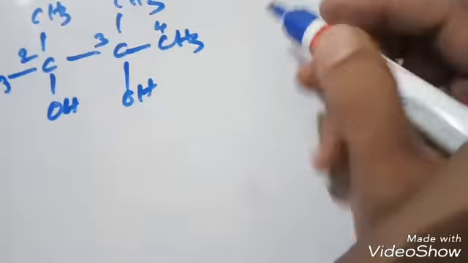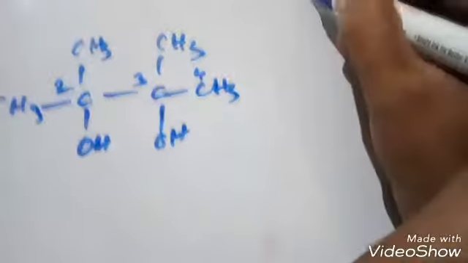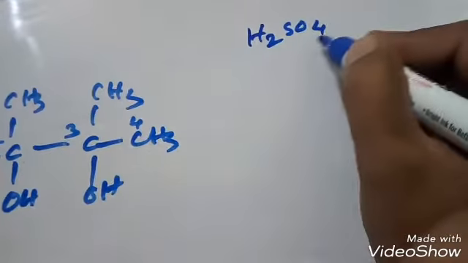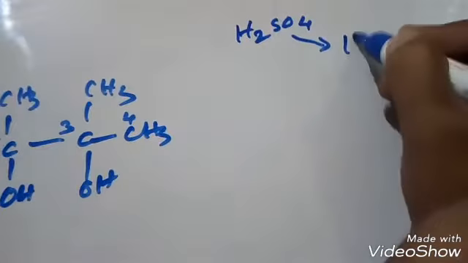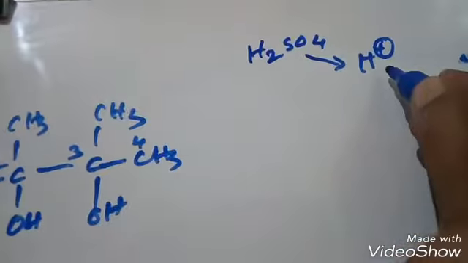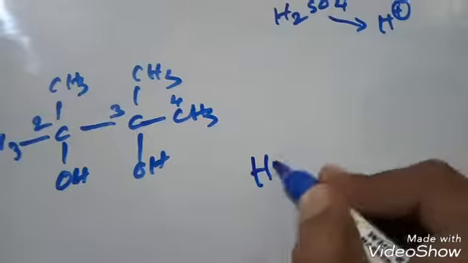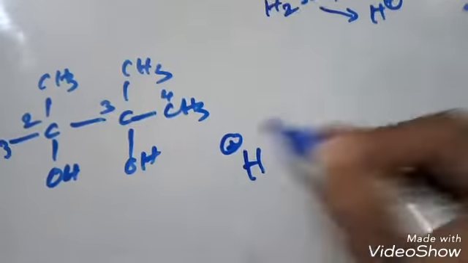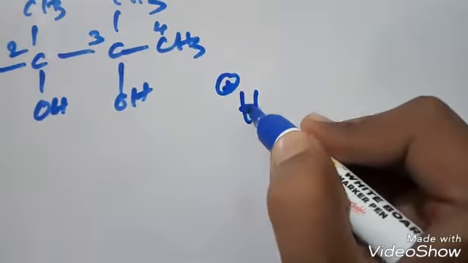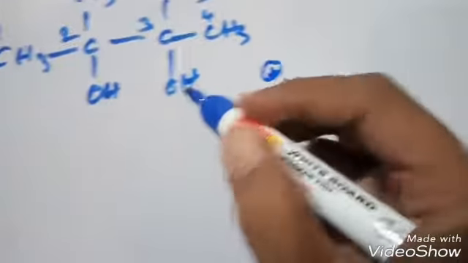So the first step is, say we are using H2SO4 as an acid, and we call H2SO4 an acid because it produces H plus, hydrogen devoid of electron, we call it proton as well. Now when this H plus is generated, it requires electron, and this oxygen bears lone pair of electron.